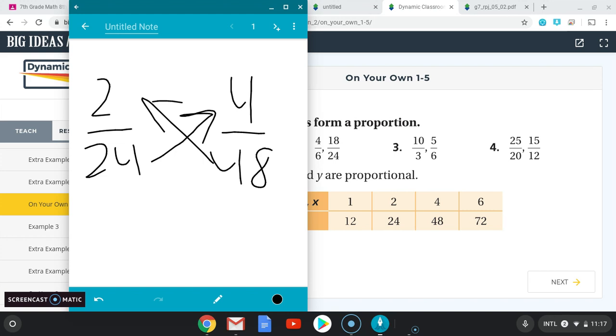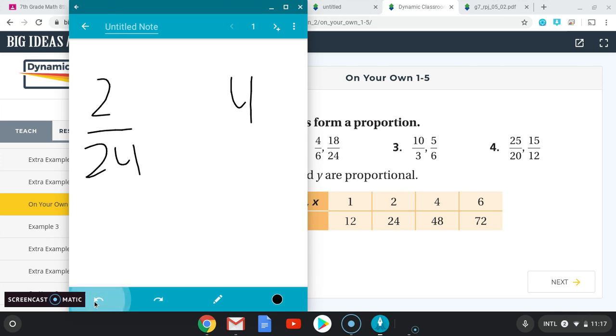So 48 times 2, that's going to give me 96. And 24 times 4, that's also going to give me 96. So these are proportional, which means all of these first three are proportional so far with each other.